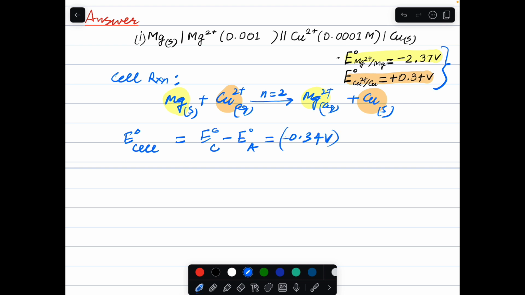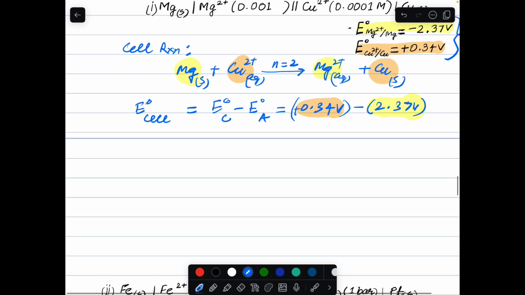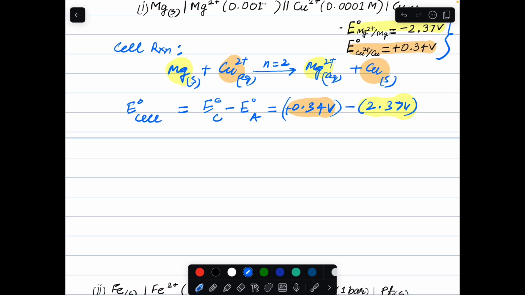Be very careful with the sign of the values given to us, because that will change our answer. Whatever values are given to us, we should write down the specific sign so that we do not get the wrong answer. The sign written before the value is very important. So here the E naught cell we are getting as plus 2.71 volt.